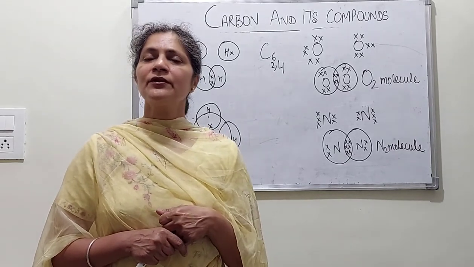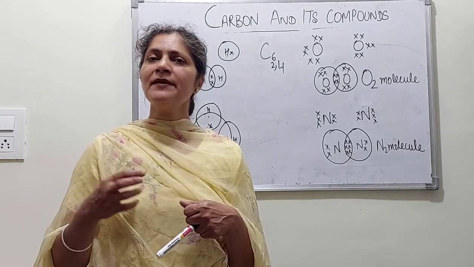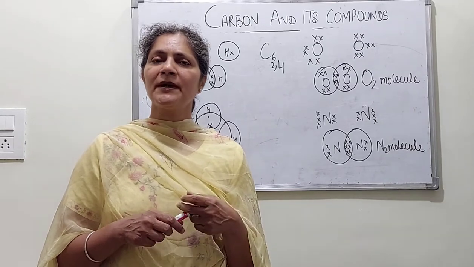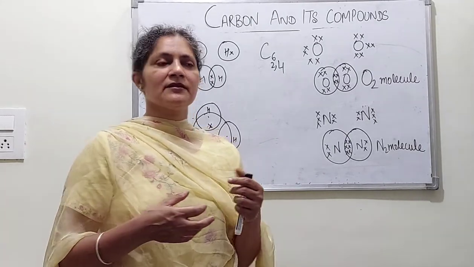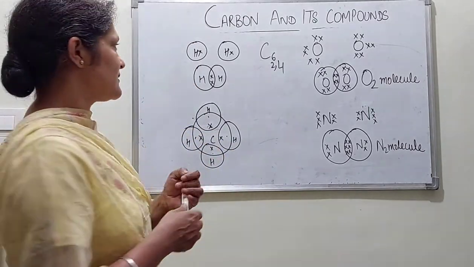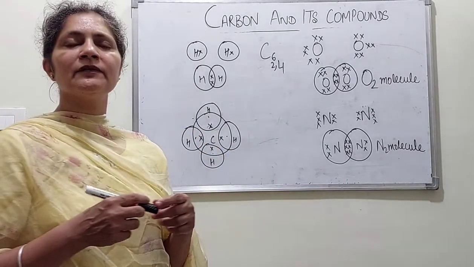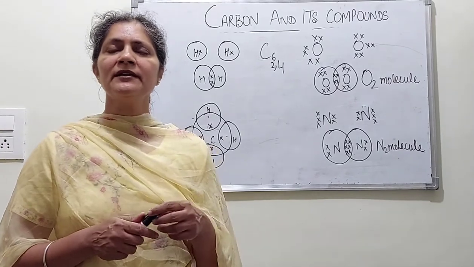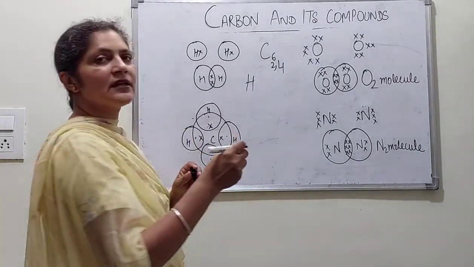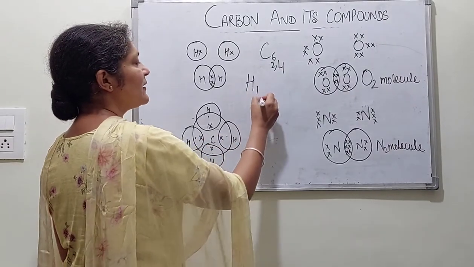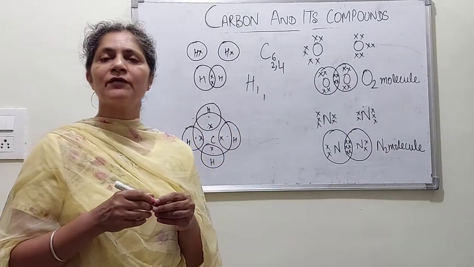So students, today we are going to see some simple molecules which are formed by combining the same atoms, atoms of the same elements. Right students, first of all we will take a simple element, that is hydrogen. Hydrogen symbol is H, its atomic number is 1 and configuration is also 1.